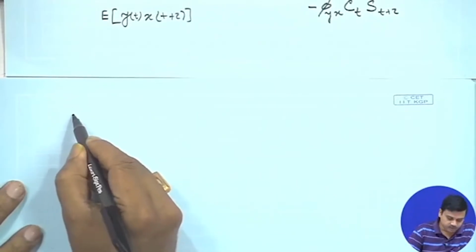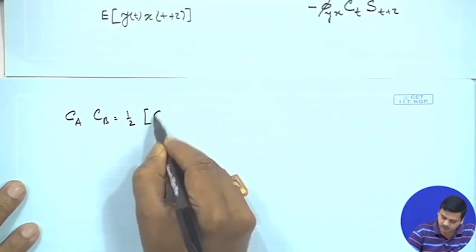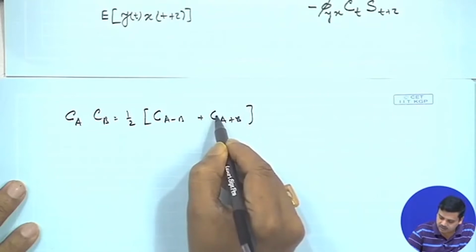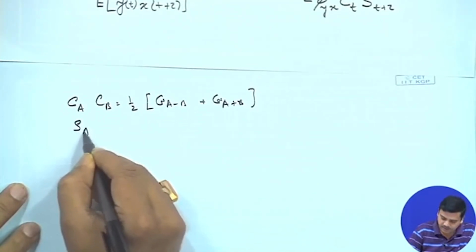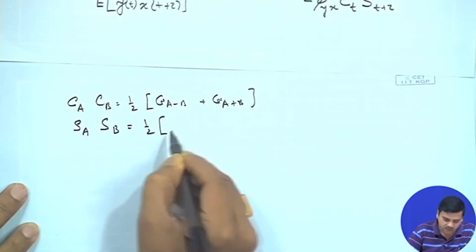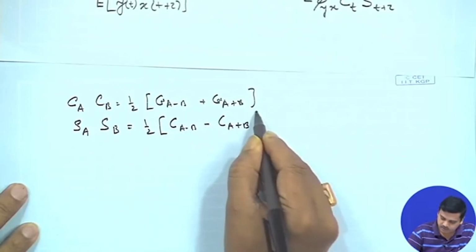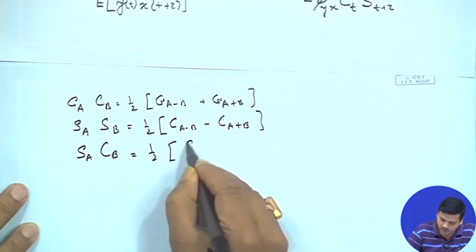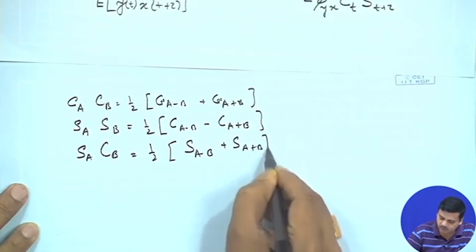At this point, we would have to use some of the trigonometric expansions. Cos a times cos b is half of cos(a minus b) plus cos(a plus b). I am writing this for cos, not another c, with the suffix. Sine a sine b is half of cos(a minus b) minus cos(a plus b), as well as sine a cos b is equal to half of sine(a minus b) plus sine(a plus b).